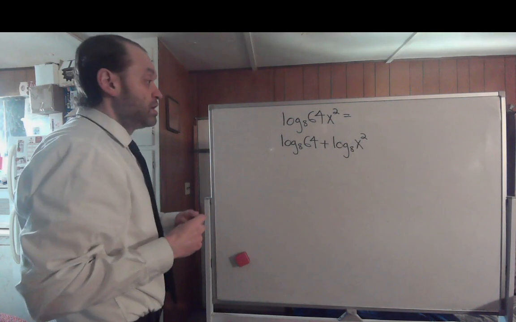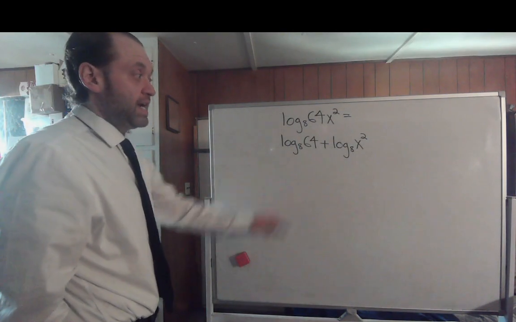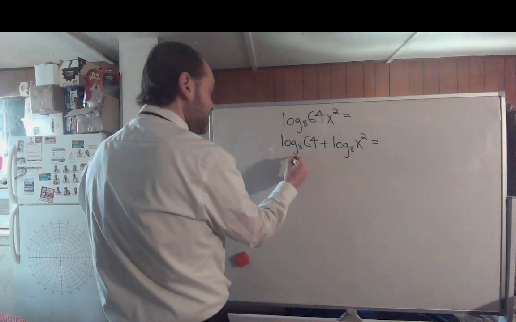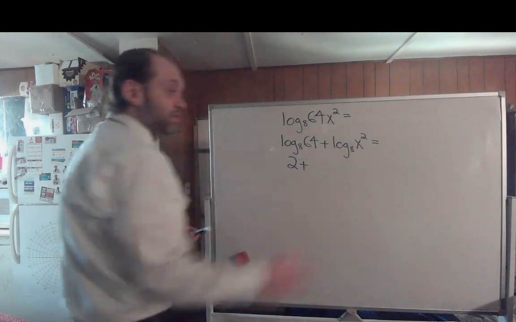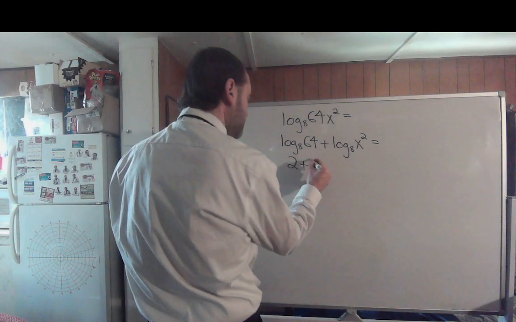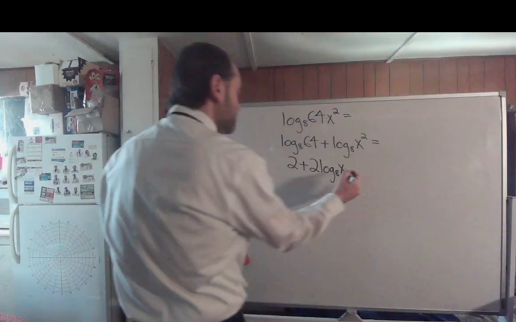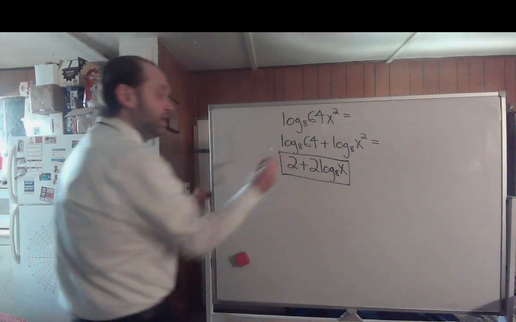Alright. Well, log base 8 of 64 we can simplify. 8 to what power is 64? That's 2, right? So you just have 2 plus, now this log base 8 of x squared, you have a power rule, so you can bring down that 2 in front of the log base 8 of x. So this would simplify into 2 plus 2 log base 8 of x.